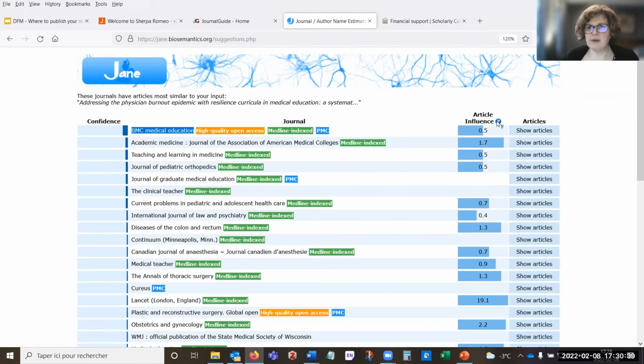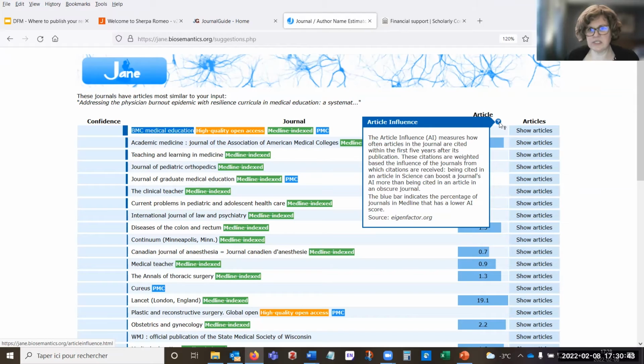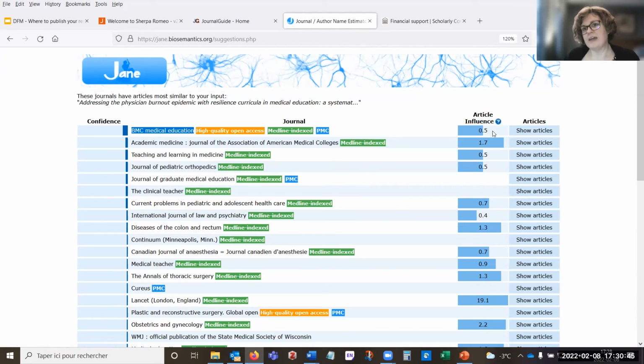Anyway, I would need to double check where they say the source is. So, for example, this journal has in their calculation a lower impact, if you wish, compared to the second one, which is Academic Medicine. So again, this is not impact factor.